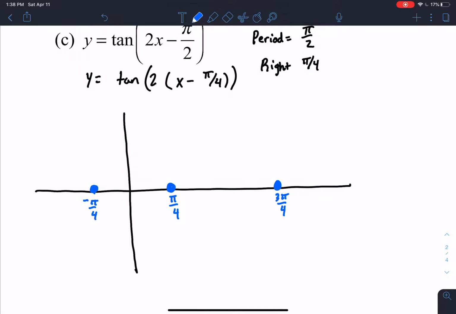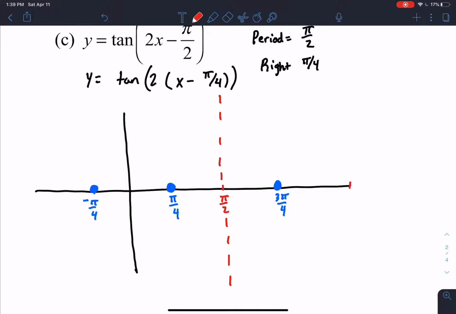Okay. Now you just need to figure out where your asymptotes go. So in the middle of pi over 4 and 3 pi over 4 is pi over 2. Okay. Now add 1 period to where your asymptote is. So pi over 2 plus pi over 2 is pi.